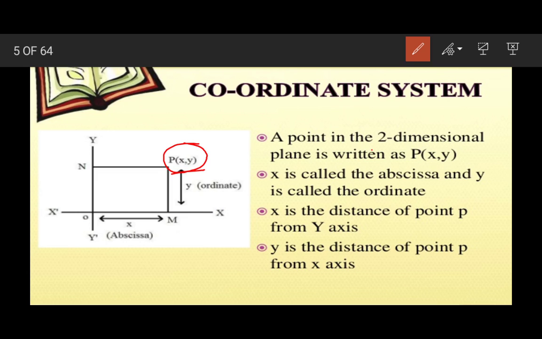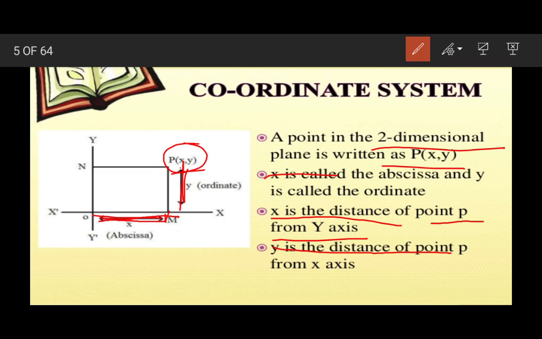A point in the two-dimensional plane is written as P(x, y), where x is the distance of point P from the y-axis, and y is the distance of point P from the x-axis.